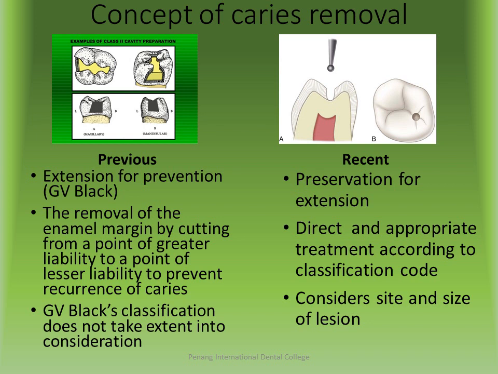But this is not the case now, because it is direct and we need to do the treatment only according to the size of the carious lesion. So we do not need to extend our cavity design a lot into the healthy tooth structure.